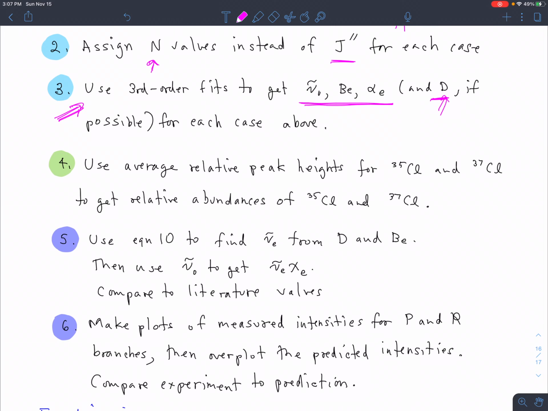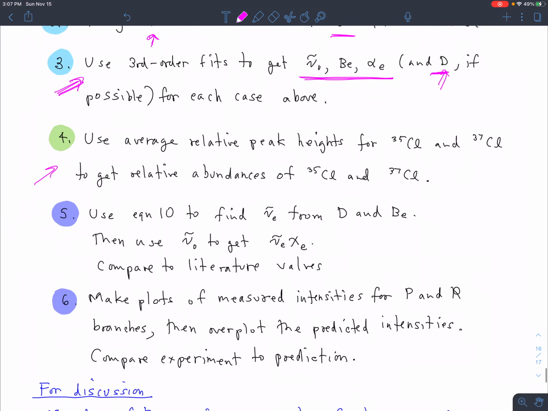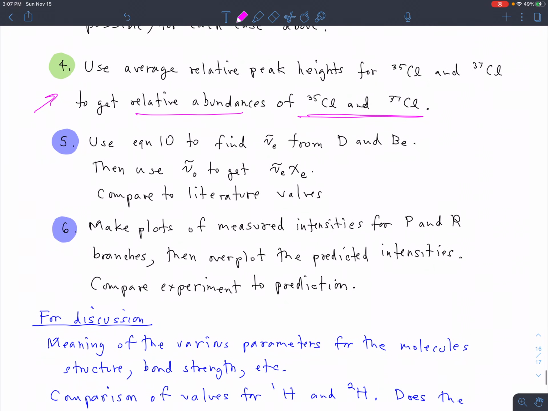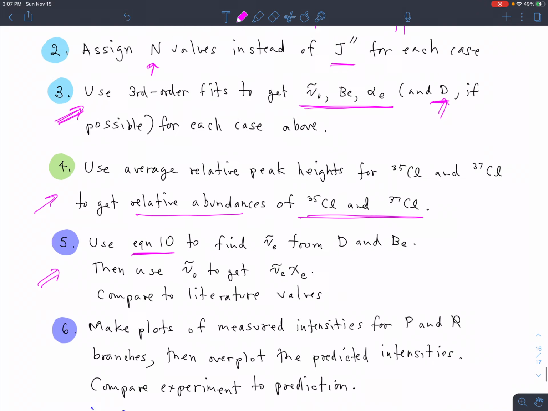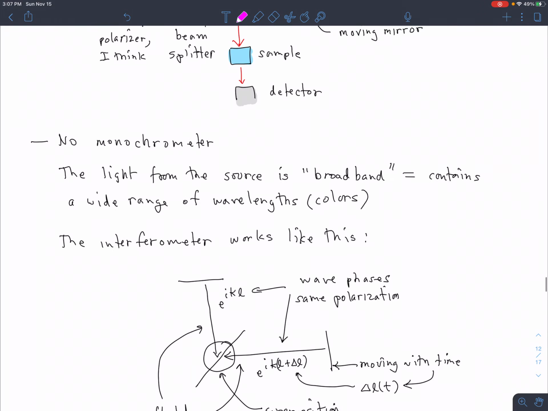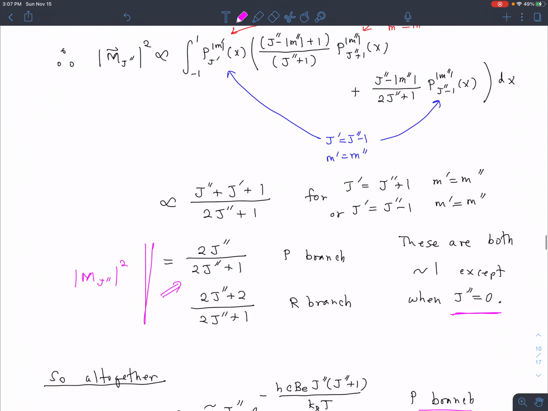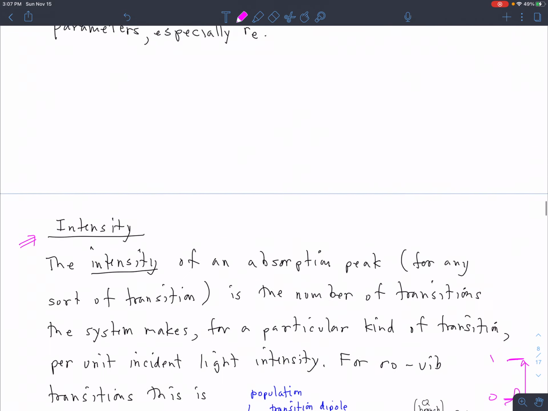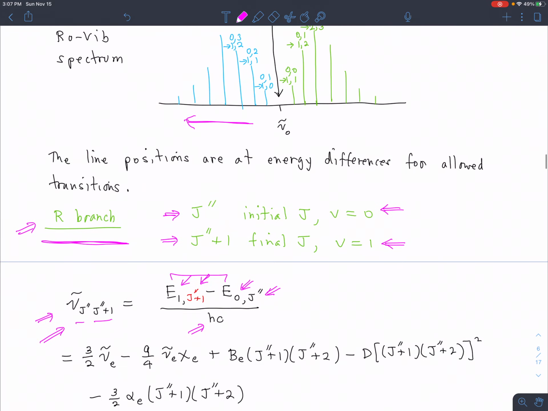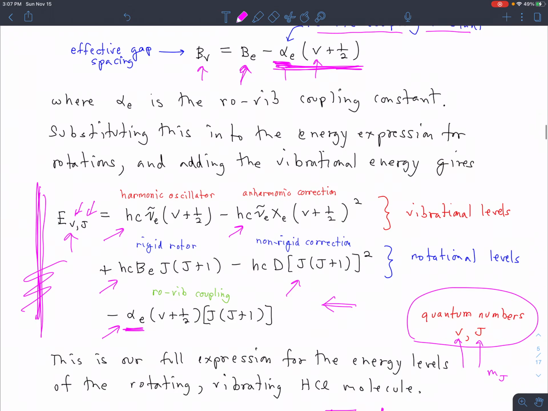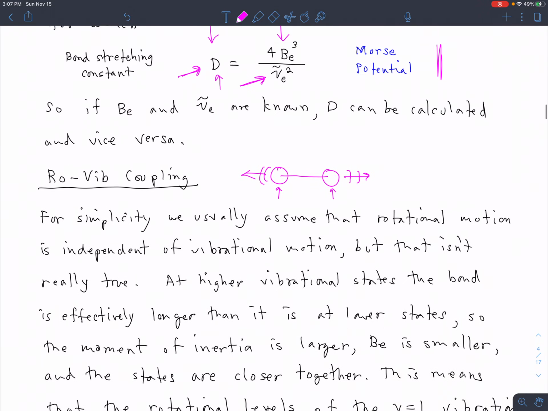And then next, use the average values of the peak heights for the chlorine 35 and chlorine 37 cases to get relative abundances of the two. Then use some of the expressions above. Equation 10 in the write-up, that's this formula up here. I didn't really talk about it much, but it's way up here.